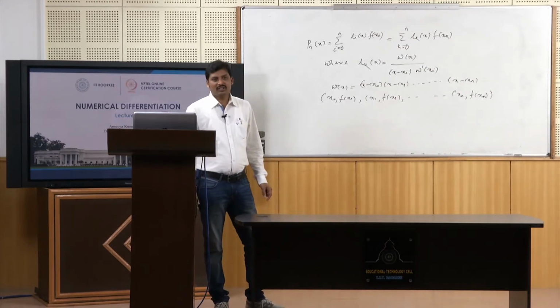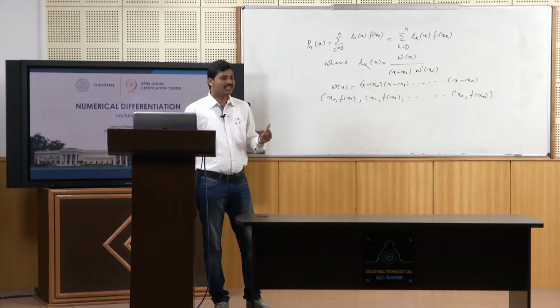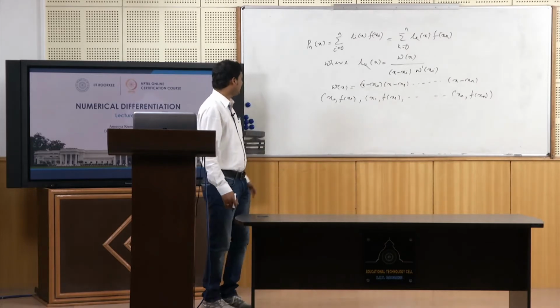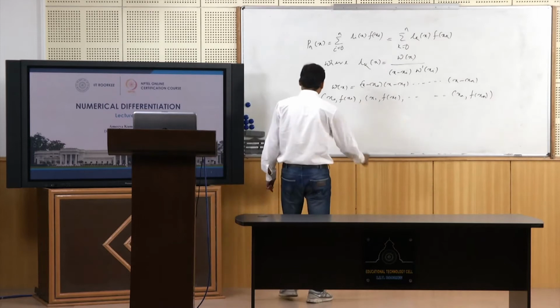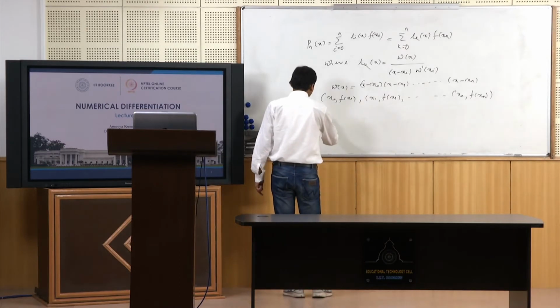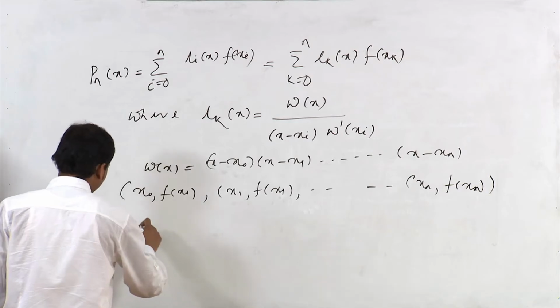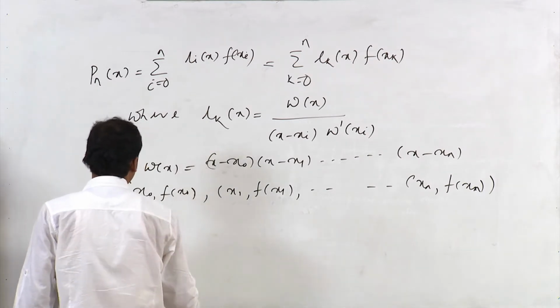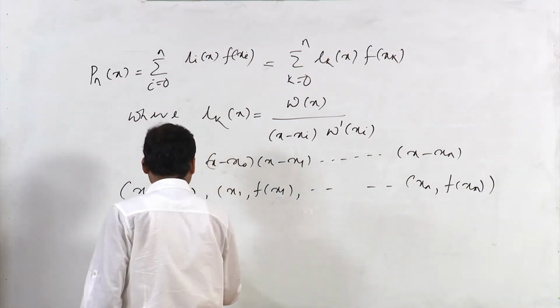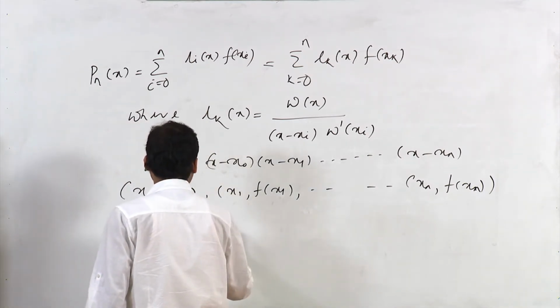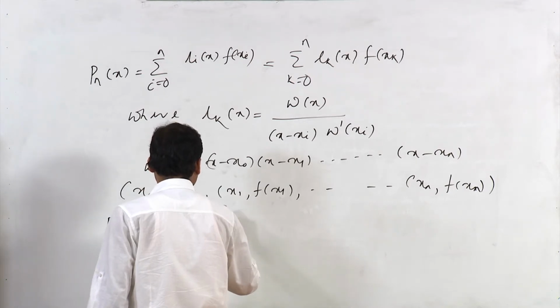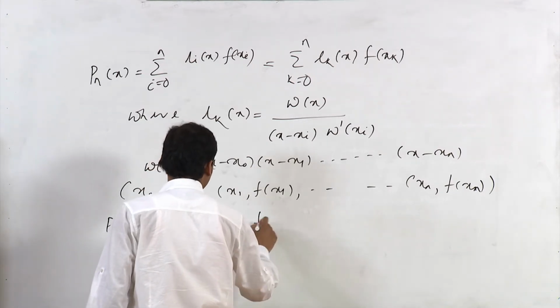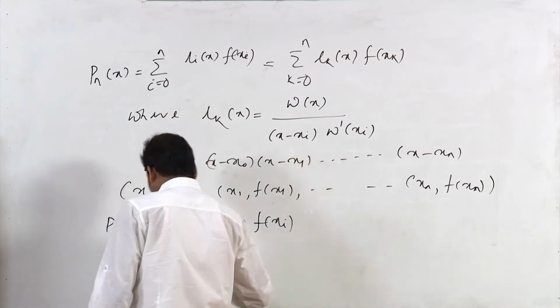Basically, if you want to evaluate the derivative of this function Pn(x), the derivative is usually written as Pn dash x, and this can be written as summation i equals 0 to n Li dash of x f(xi) here.